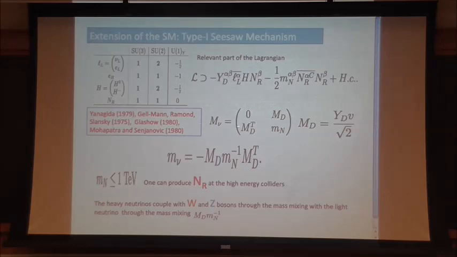If we diagonalize this mass matrix, we can get the light neutrino mass term. If this heavy neutrino is of the order of 100 GeV or in the less than TeV scale, then we can produce this heavy neutrino at the LHC through the neutral current and charged current interactions.